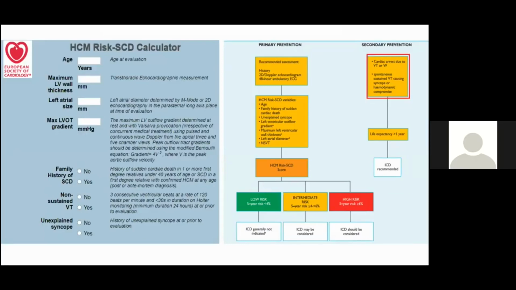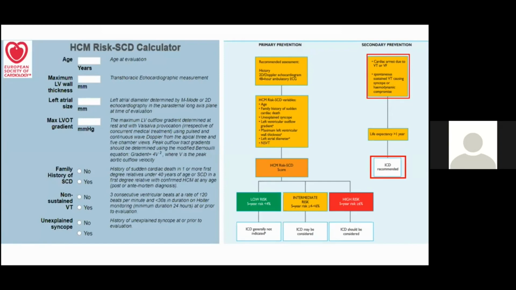For secondary prevention, in patients who have survived sudden cardiac death or who have had malignant ventricular arrhythmias, the implantation of an ICD is a class 1 recommendation.